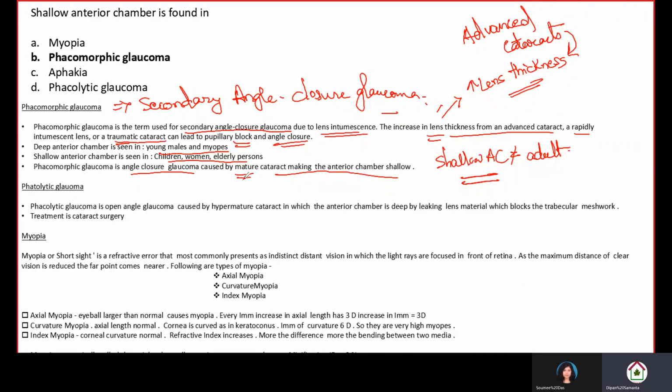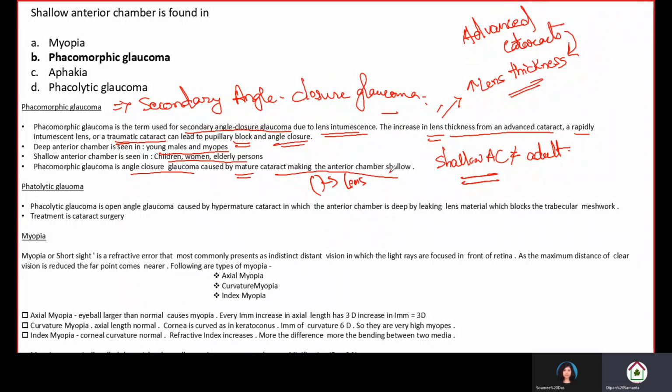So it is caused by mature cataract. So angle closure glaucoma can be caused by mature cataract making the anterior chamber shallow. Okay, and in elderly people what happens? The anterior chamber gets shallow with the advancement of age.